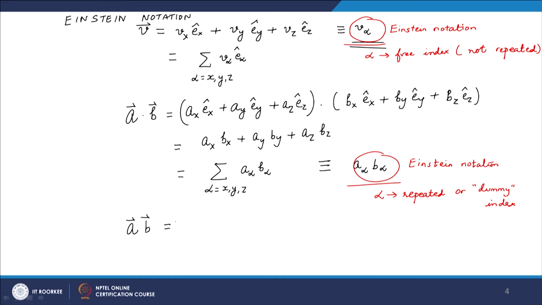In the full notation, again it is rather cumbersome.